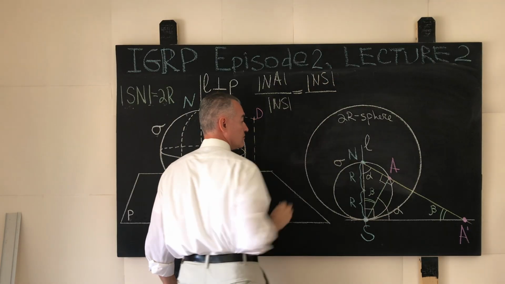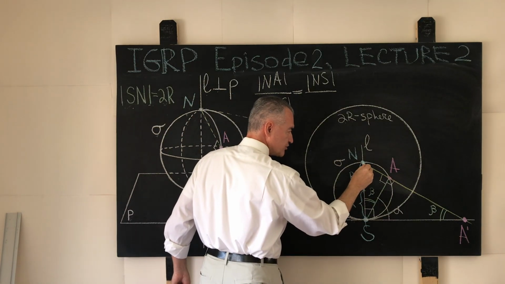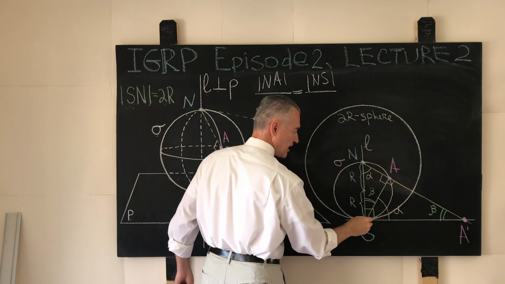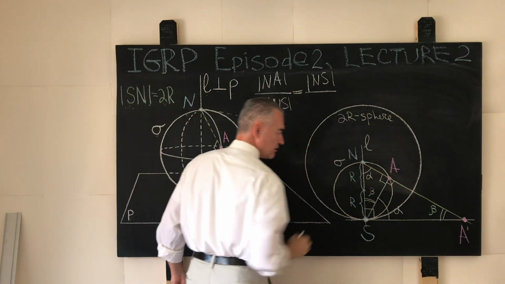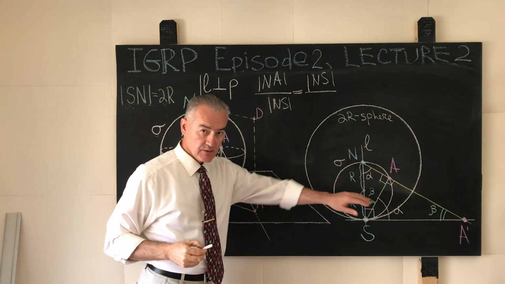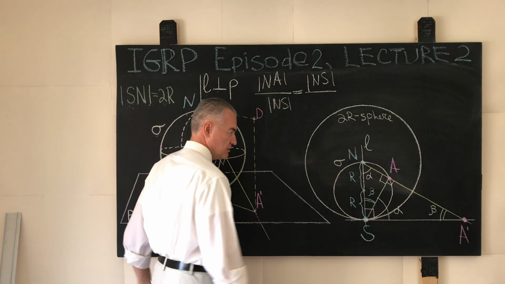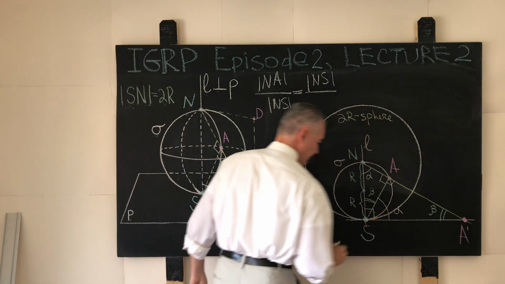NS, and we divide it by what? The hypotenuse of the smaller triangle NAS lies opposite what? The right angle right here, the right angle at A. And which side of the larger triangle NSA prime lies opposite the corresponding right angle? Well, this is the hypotenuse NA prime. It is this guy against the right angle.